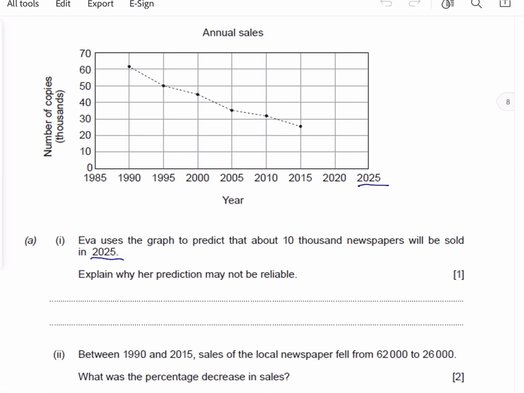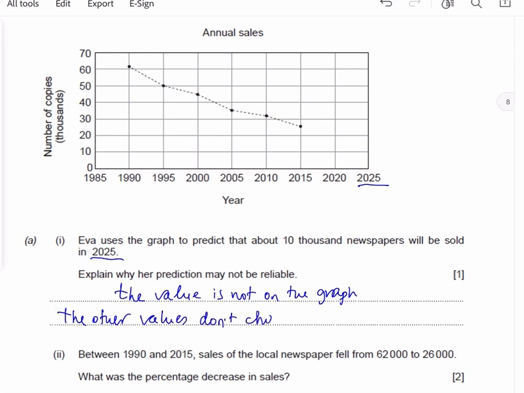So how can you explain why this prediction may not be reliable? The value is not shown on the graph, so it's not exact, we don't know, and a 10-year period of time is quite long to predict. Also, if you look at other values, they are not quite consistent. They don't change consistently.